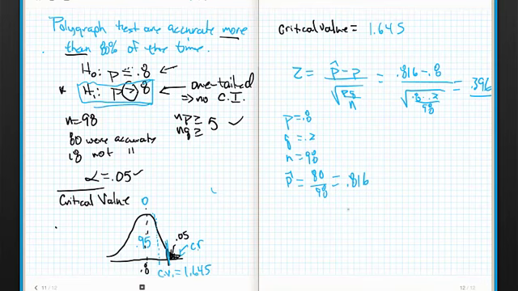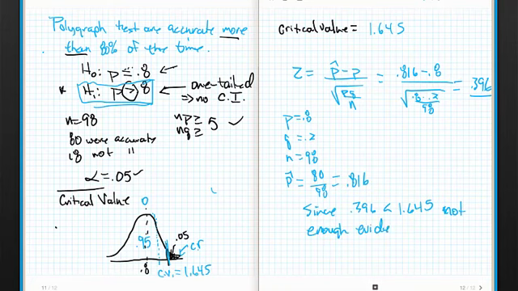So because, now we're going to write this up nice and clean and nice and pretty, since 0.396 is less than 1.645, there is not enough, we're going to keep it simple, not enough evidence to reject the null hypothesis.